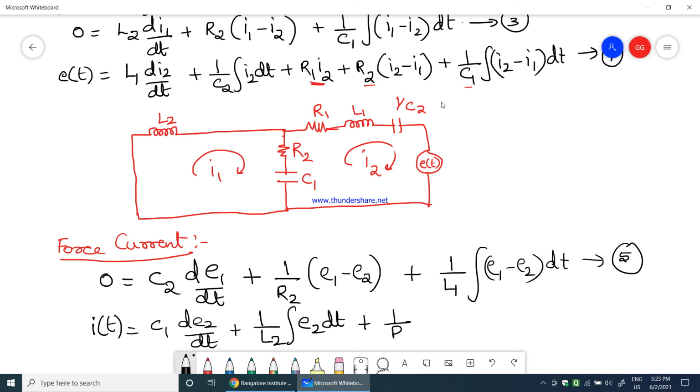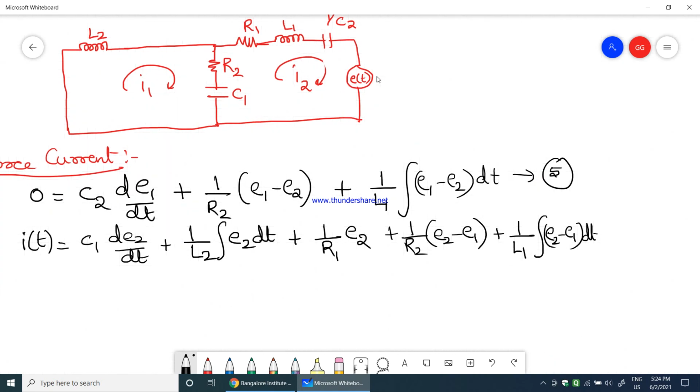Therefore 1 over R1 into E2 plus 1 over R2 into E2 minus E1, plus 1 over L1, now K will behave as 1 over L1, integration of E2 minus E1 dt. So I will take this as the 6th equation.